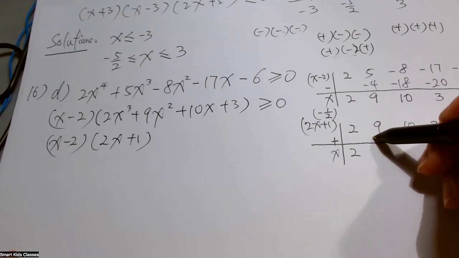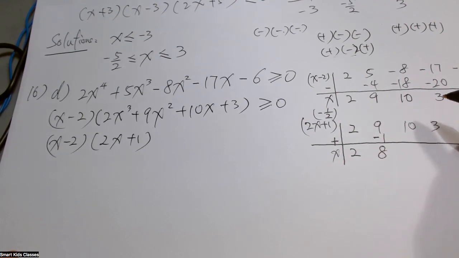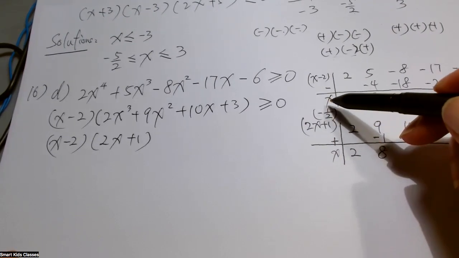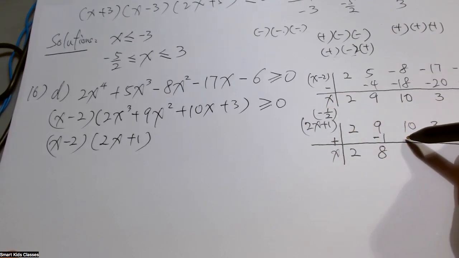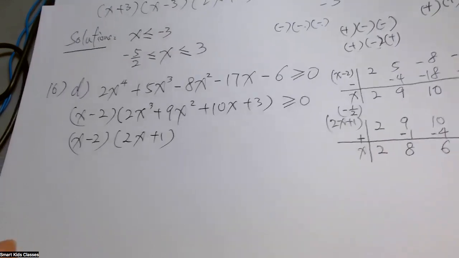We are going to get negative 1. So it will be an 8. 8 times negative 1 over 2, we're going to get negative 4. So it will be a 6. 6 times negative 1 over 2, we got negative 3. It works, no remainder. So we're going to write down the answer here.